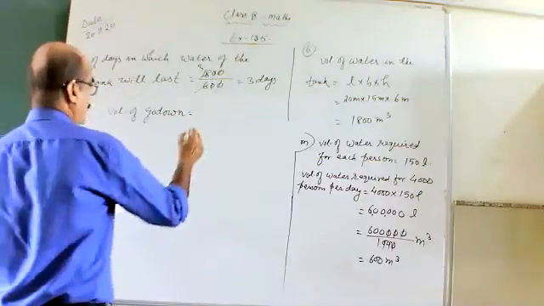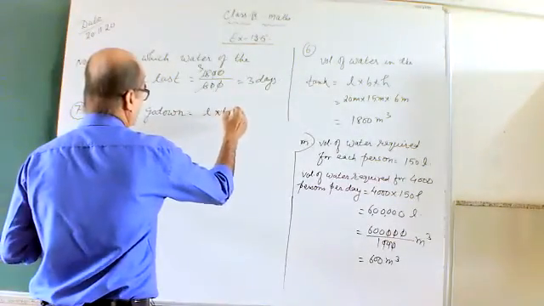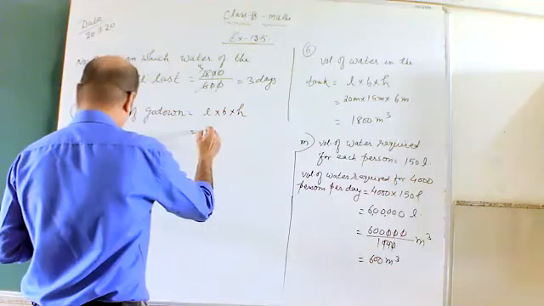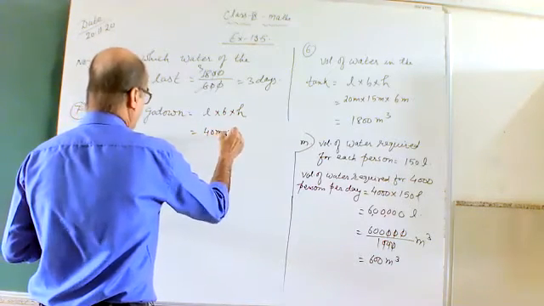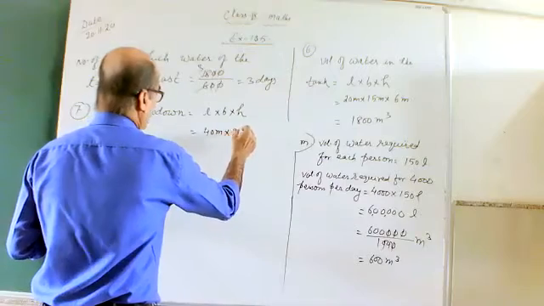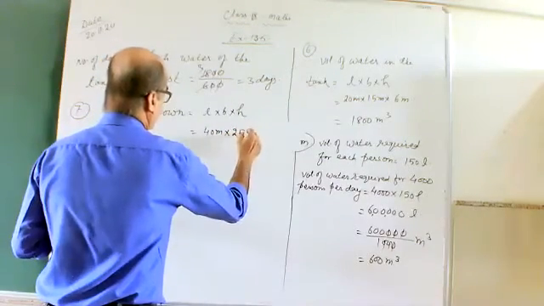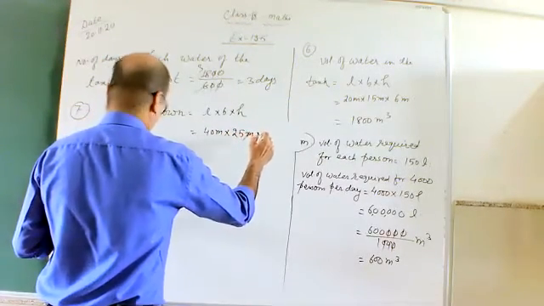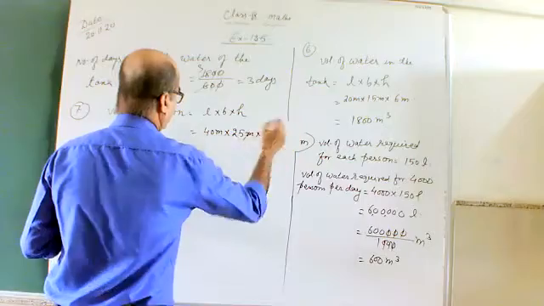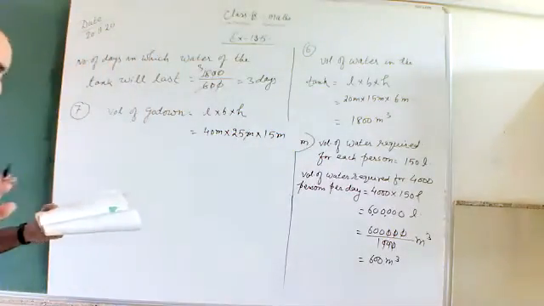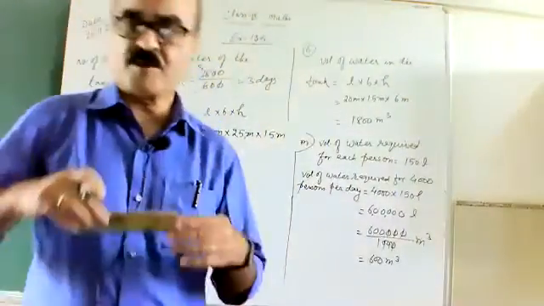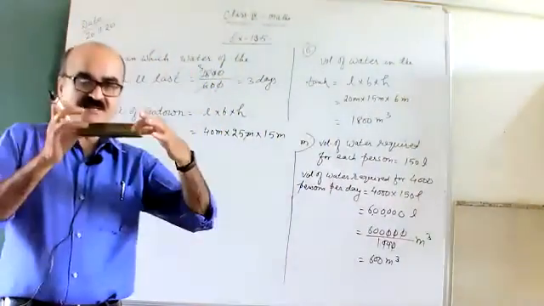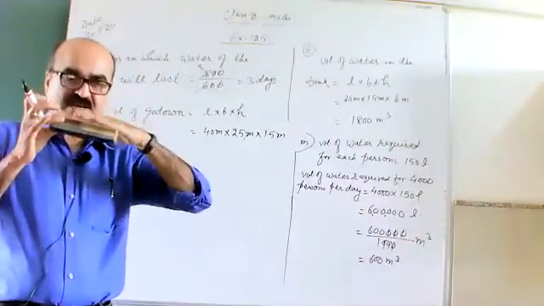Volume of the godown would be equal to L into B into H, that is given, 40 meter into 25 meter into 15 meter. You don't need to multiply this. And the volume of each crate, which is also in the form of a cuboid.